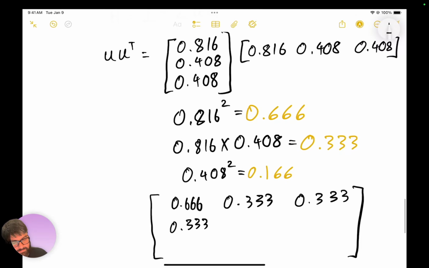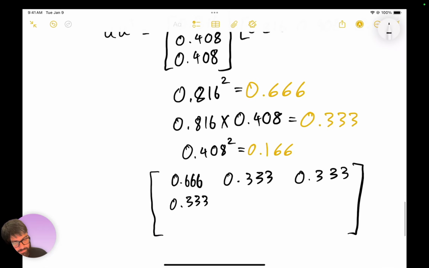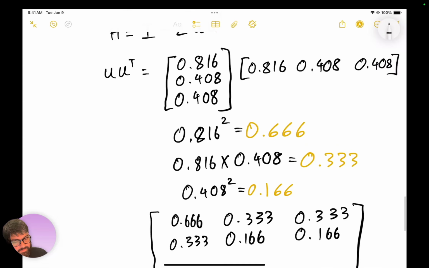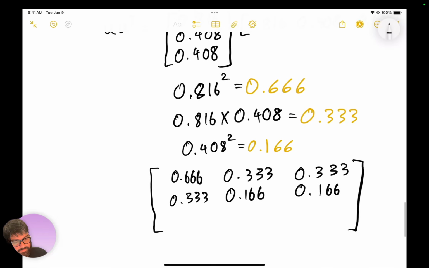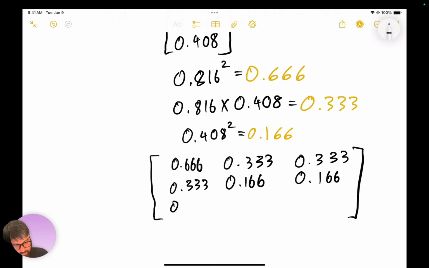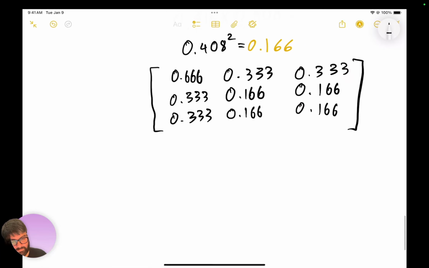And then it's 0.408 times 0.408, which is 0.166, and 0.166 again. And then the last row is a repeat of the second row, right? 0.333, 0.166, 0.166. Okay, so that's UUT.